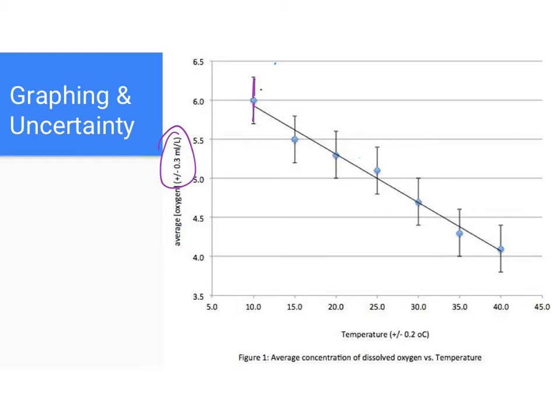So we have 0.3 up here, 0.3 here, 0.3 here, 0.3 here. So the absolute uncertainty for all of these data points is exactly the same. Okay, now we draw our fit line, and what you'll notice is that the fit line is this reasonable line that roughly goes through the center of all the data points.